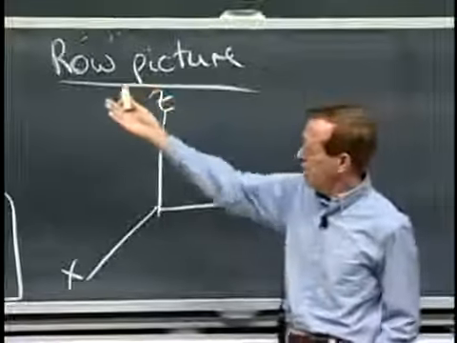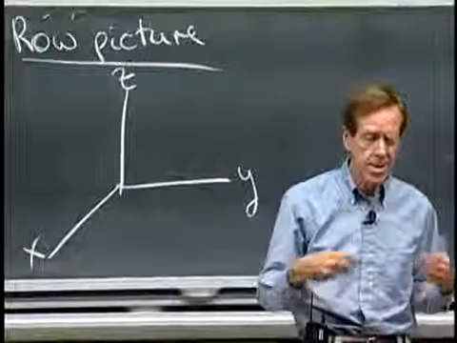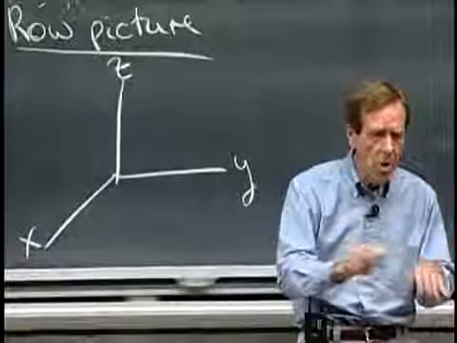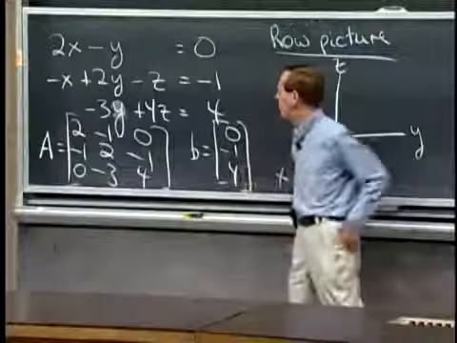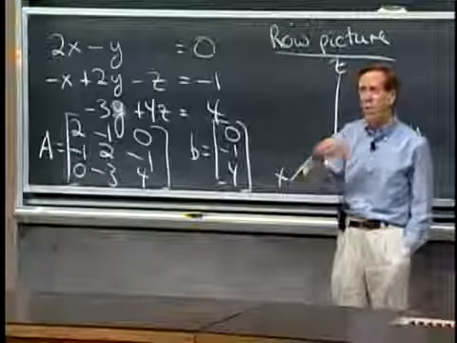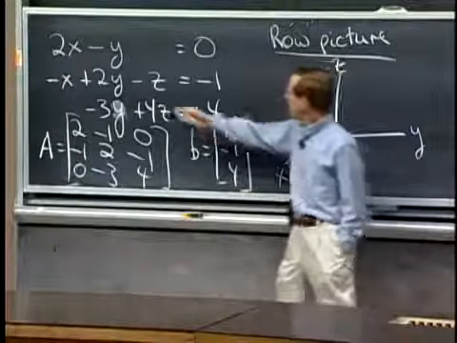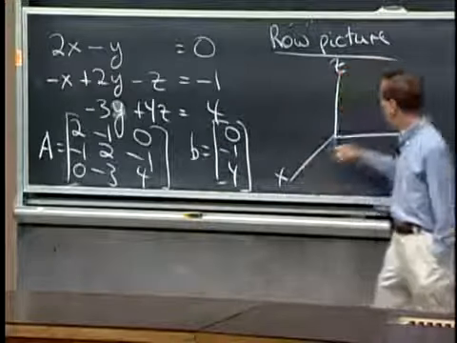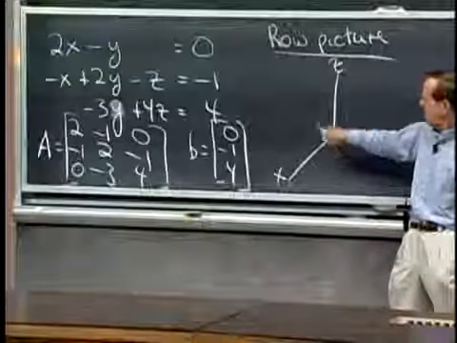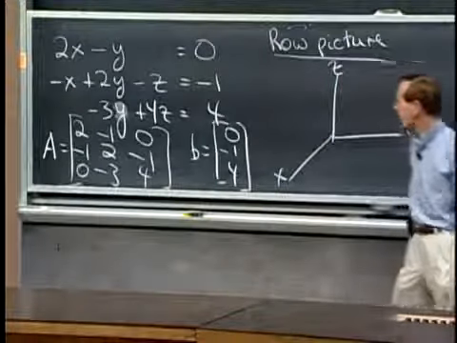And I want to take those equations one at a time and make a picture of all the points that satisfy. Let's take equation number 2. If I make a picture of all the x, y, z points that solve this equation, well, first of all, the origin is not one of them. X, y, z being 0, 0, 0 would not solve that equation.